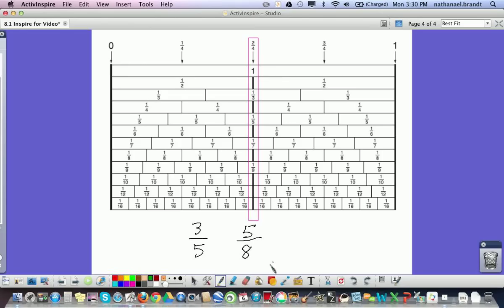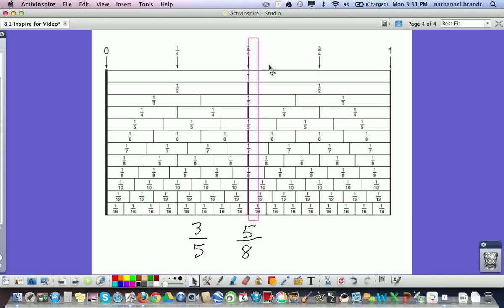So for this one, we're going to pull out our fraction stick chart, which is on page 399 in your student reference book, or on page 430 in your student math journal. We're going to look at our chart here and find 3/5.